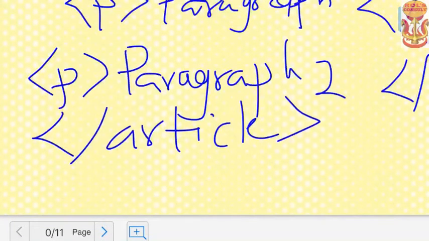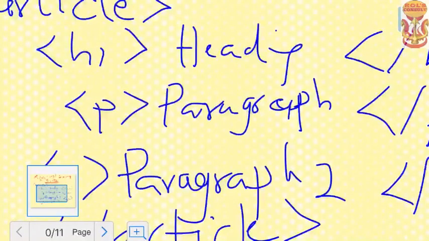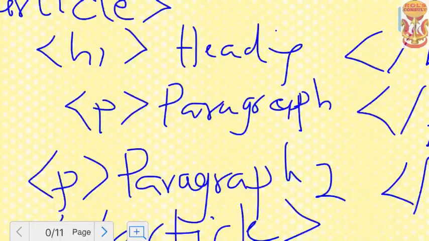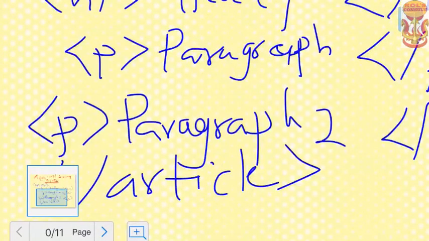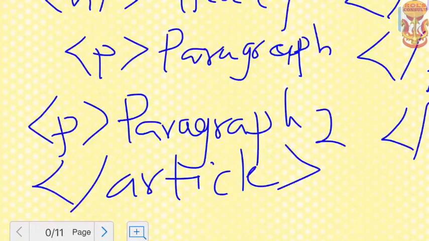Now what do we mean by adjacent sibling selector? We have h1, p and this p, so how many p's do we have now? Two. We have two paragraphs and one heading. So we say that the first p is an adjacent sibling to our h1 element, and this last p is an adjacent sibling to our first p element.